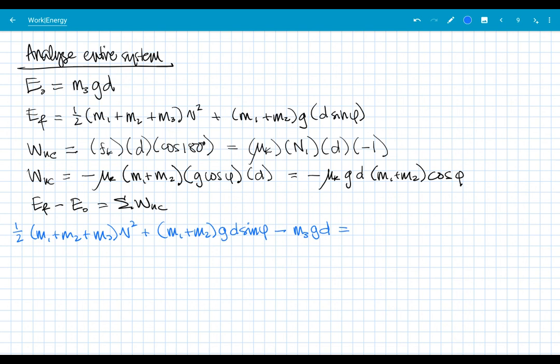For this problem, that's going to be negative mu k g d, sum of masses 1 and 2, times cosine phi.